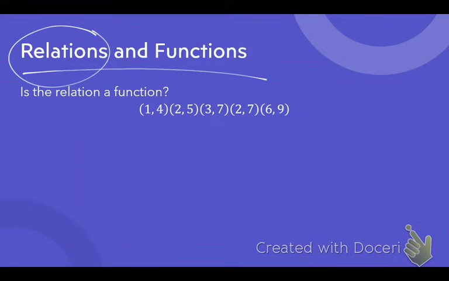And when you're copying them down, I want you to underline the input value in each ordered pair. I will remind you that the input value is your x value in the ordered pair. So go ahead and write down all 5 of them and underline the input values.